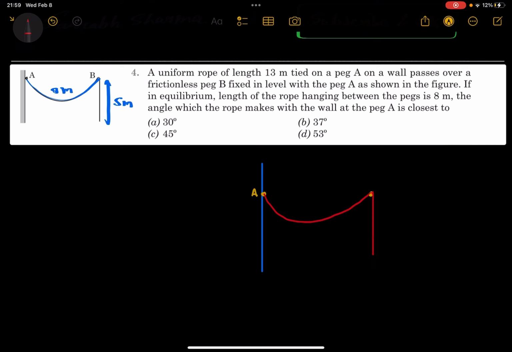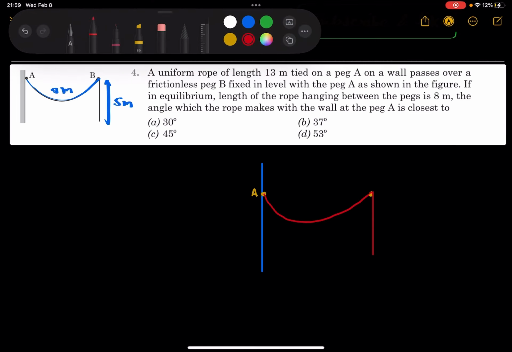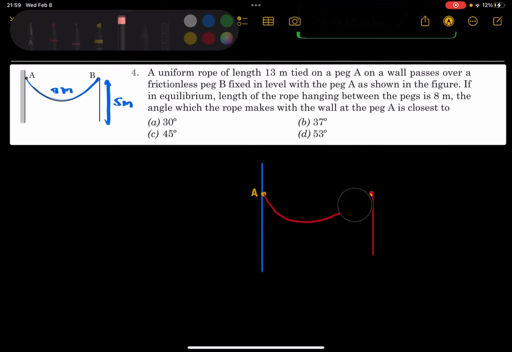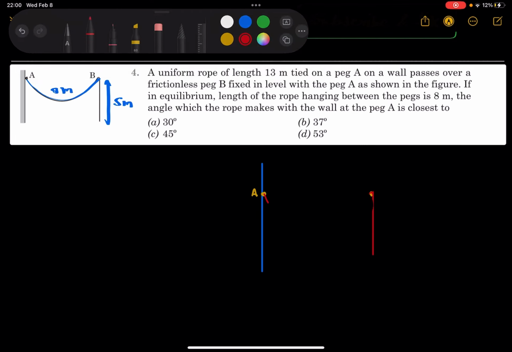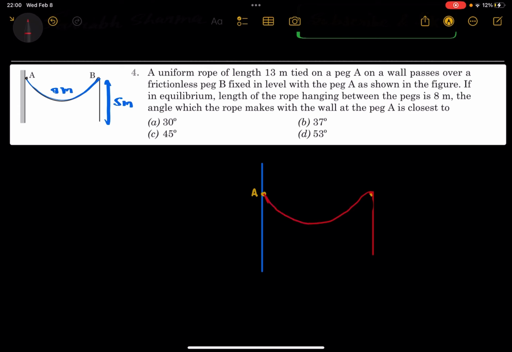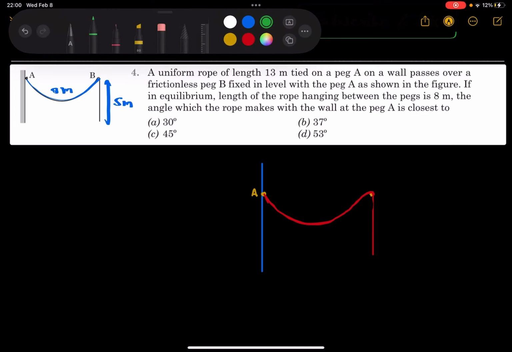Understood? So this is the scenario given. For better understanding, you can say that this rope is like this. Okay, just listen carefully.